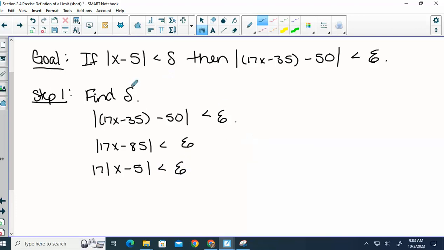We're trying to get this inequality that we have with our delta. So we're trying to get the absolute value of x minus 5. So we need to move the 17 over. How do we move that? So delta is, all right, does everybody understand how I got to that point?